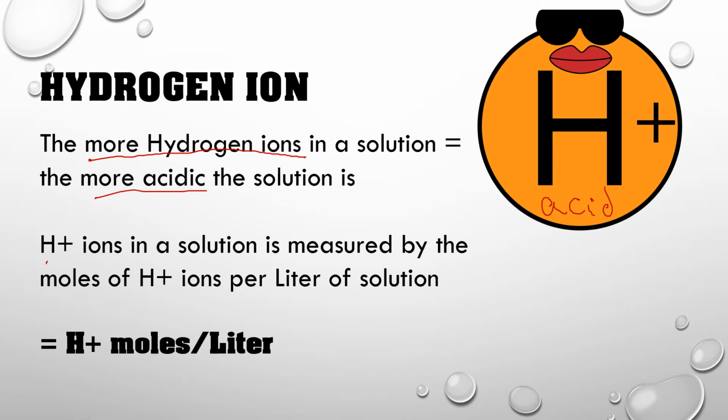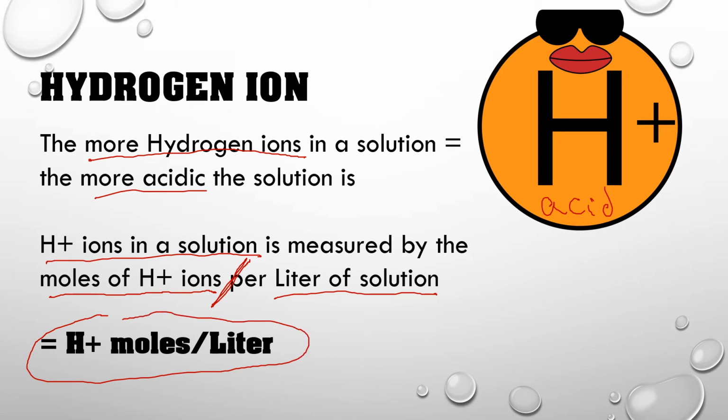Now the hydrogen ions in a solution are measured, or the measurement is expressed, by moles of hydrogen ions per liter of solution. So that's down here. Hydrogen ion, positive hydrogen ion, moles. So the number of hydrogen ion moles in a liter of the solution.